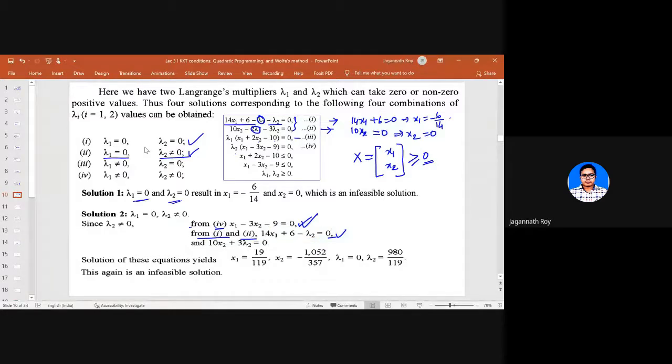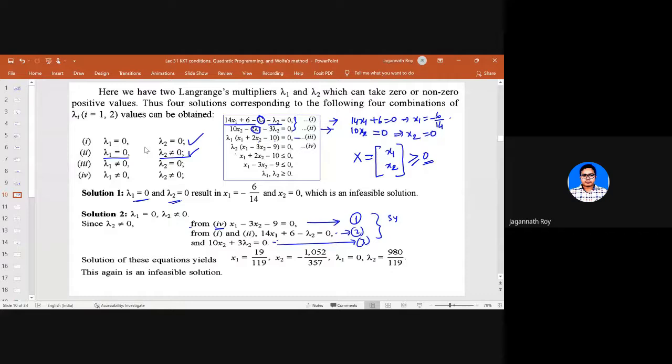And then similarly, the second equation reduces to this form. Now what we have? So we have equation 1, this is 2, and then this is 3. We have a system of linear equations where we have 3 variables and 3 constraints. So this is a feasible solution we can find.